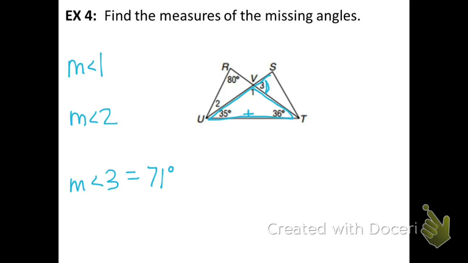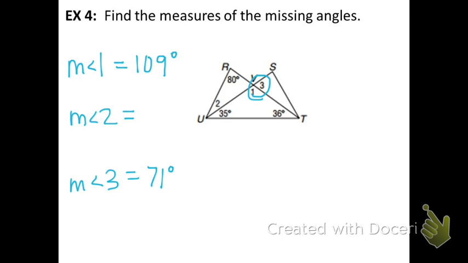Then if I know 3, I have a linear pair with 1 and 3. So a linear pair just says that there are two angles that add together to equal 180 degrees and they form a line. They're supplementary. So if I take 180 and subtract 71, I get 109, which is the measure of angle 1.